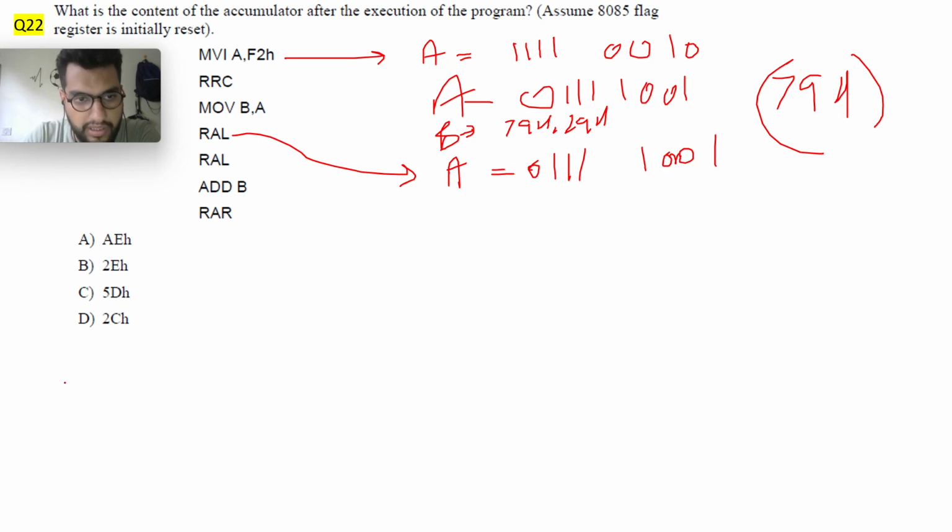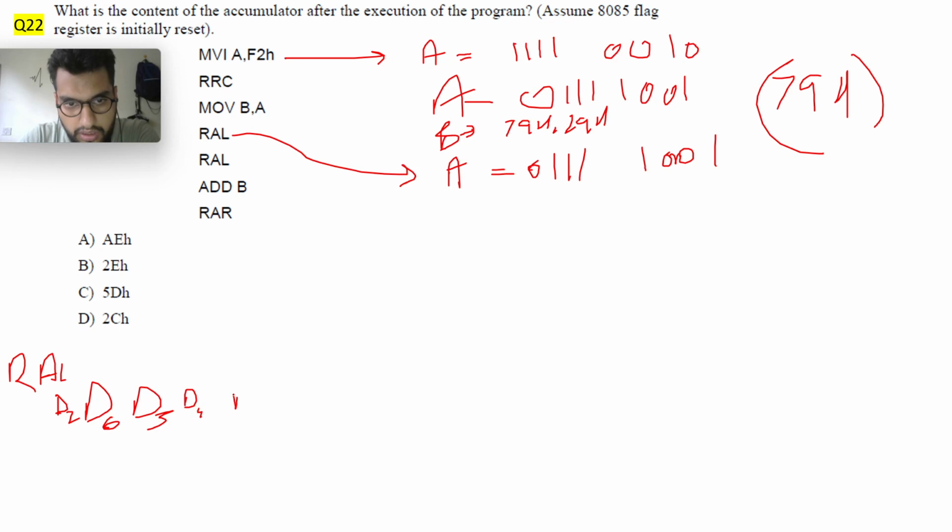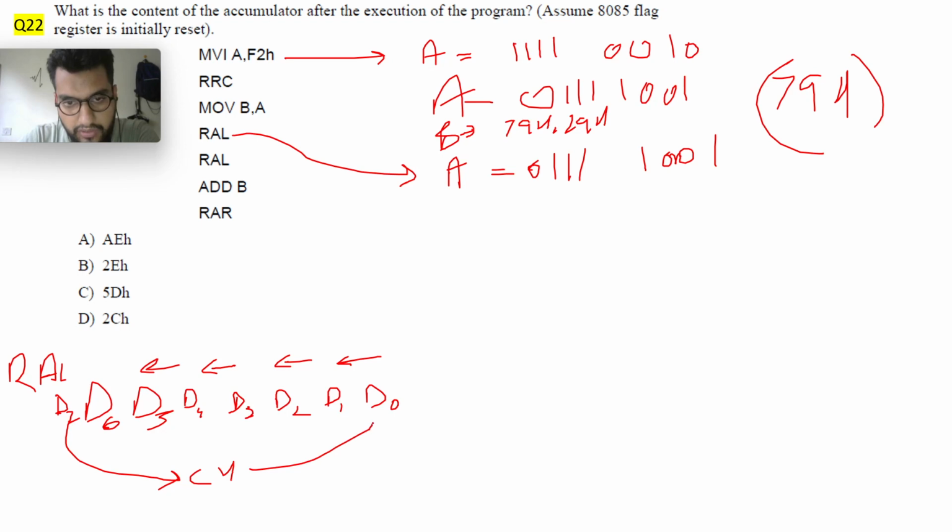So basically what RAL does, let's say I have my bits like this: D7, D6, D5, D4, D3, D2, D1, D0, and here I have carry. Shifting happens towards the left, and then D7 goes to carry, and what was in carry earlier will go to D0.